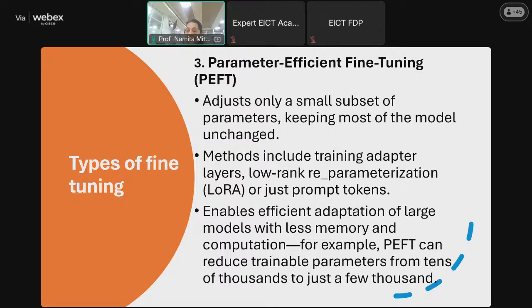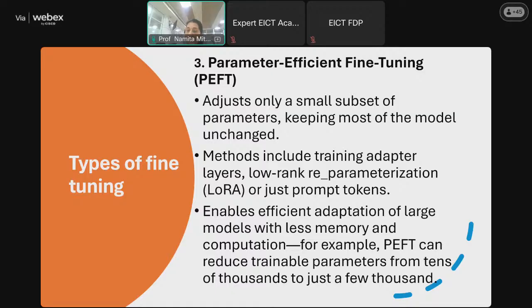For example, PEFT can reduce trainable parameters. How many parameters are trainable? As we keep on increasing our input, and we have a big hidden layer, the number of nodes is large, so we'll be having lots of trainable parameters, right? From tens of thousands to hundreds of thousands or millions, to just a few thousand.